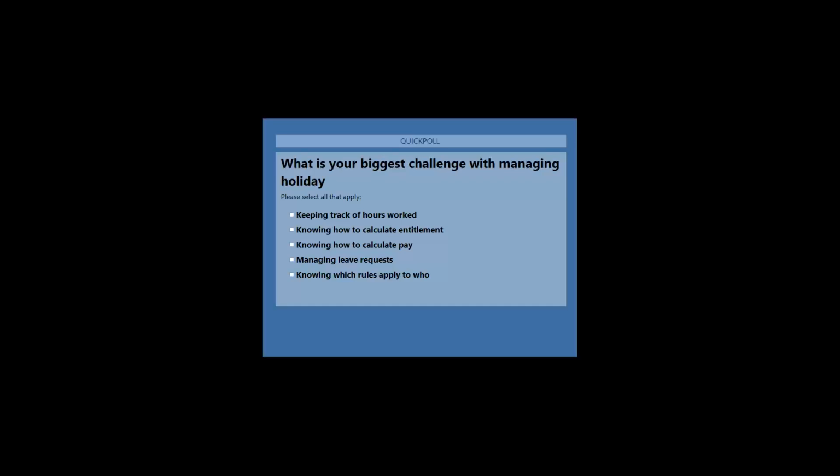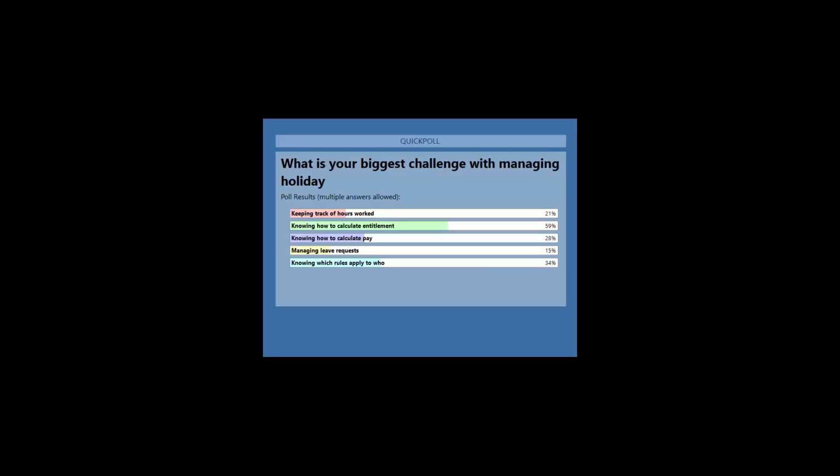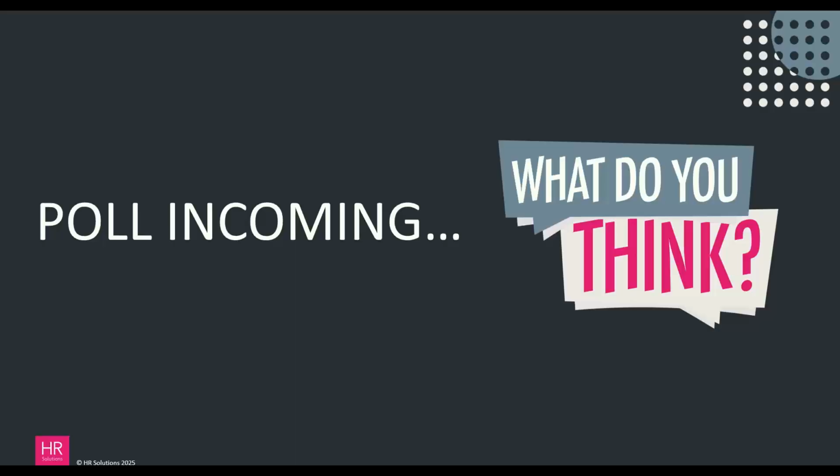Okay, I don't think many do that, but there are definitely some. So I'm going to close and share those results. There we go. So yeah, the calculations of entitlement. Yeah, knowing which rules to apply to who. So we've got lots of information coming up that will help understand who falls in which category, and obviously the calculation of it. Thank you for that.